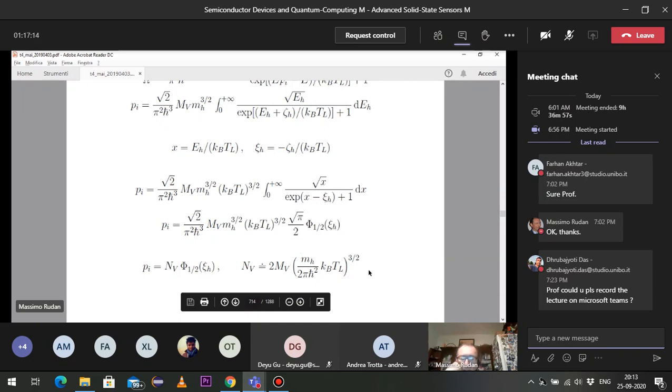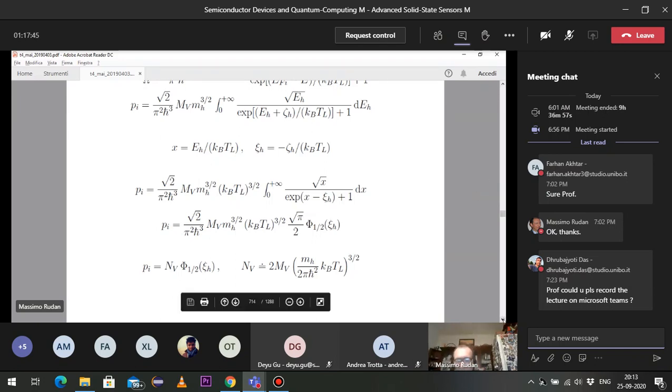Now we have 2 independent expressions. One is the expression of Pi just found, and the other one is the expression of Ni just found, okay? But both expressions embed the value or the position of the Fermi energy, and that position is unknown so far. How can we fix the problem?